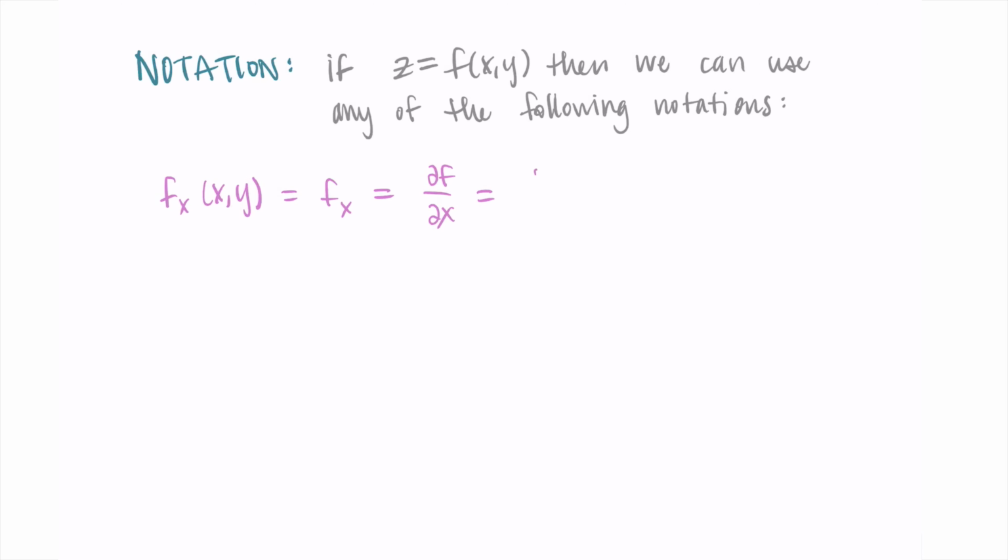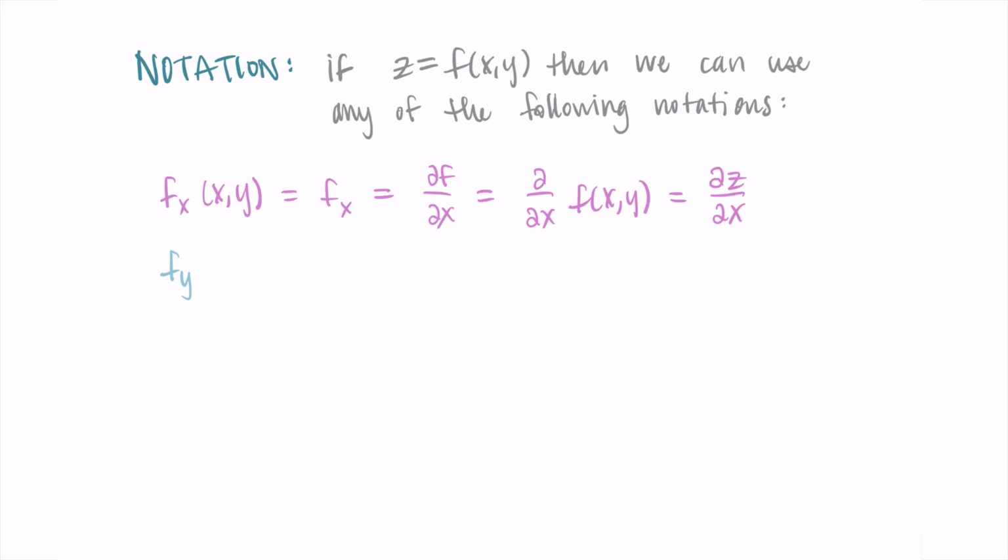Or we can use the partial derivative with respect to x of f. Or, since we've used z as the variable, we can say it's the partial derivative of z with respect to x. So all of these notations mean the same thing. They just look different, but we can use all of them interchangeably.